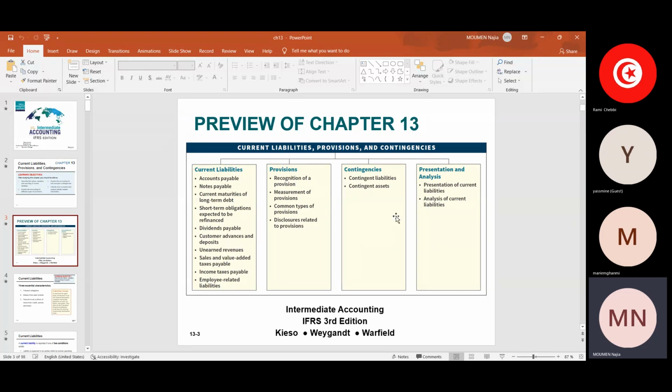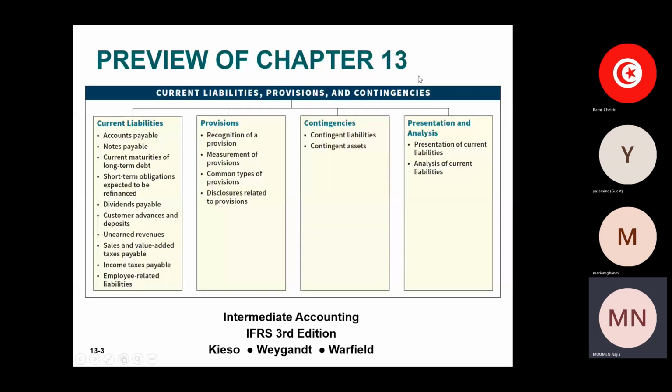So last time we started talking about current liabilities in particular. We started talking about what a current liability is. From the different definitions in the conceptual framework, we defined what a liability is in general, and then what is current.